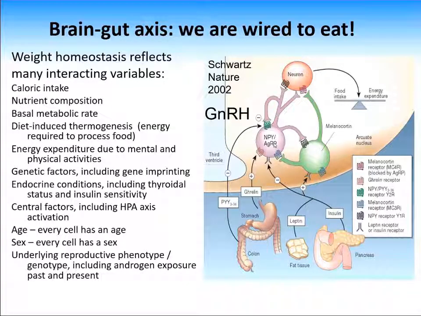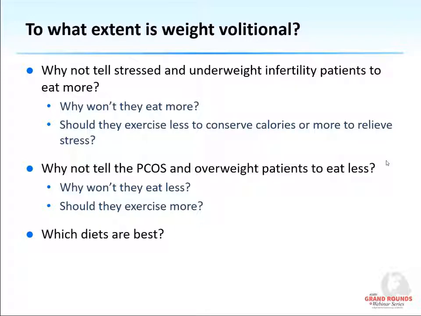And we know that we are wired to eat. This is shown here, same diagram systems, all these appetite signals here actually are mostly tilted in favor of eating. So to not eat is really a rather dramatic state. And many times it has been suggested that we tell people who are too thin to eat more, and to tell people who are overweight to eat less.